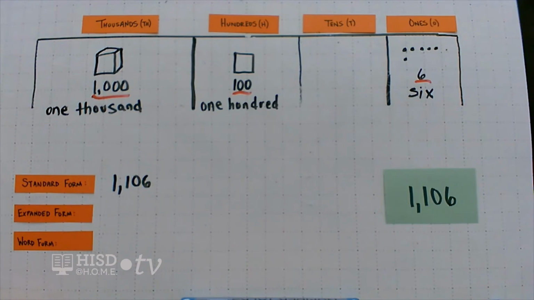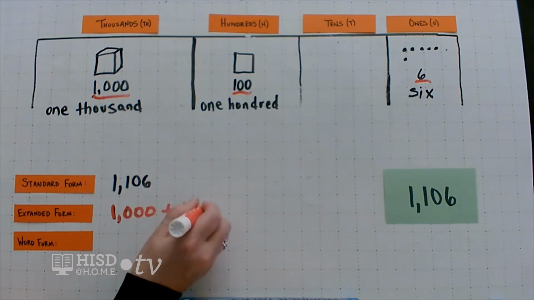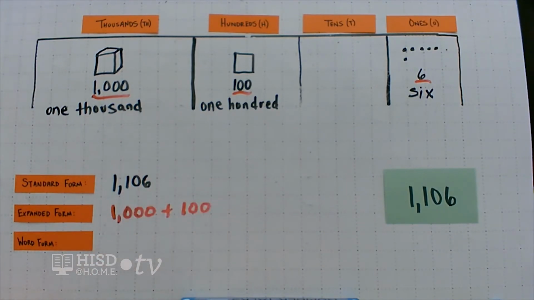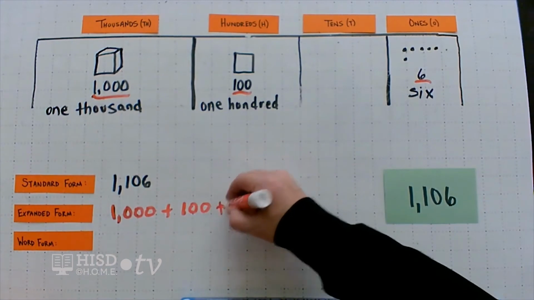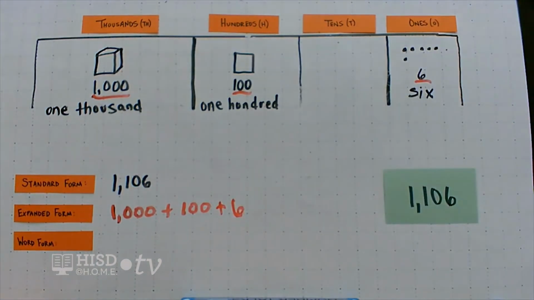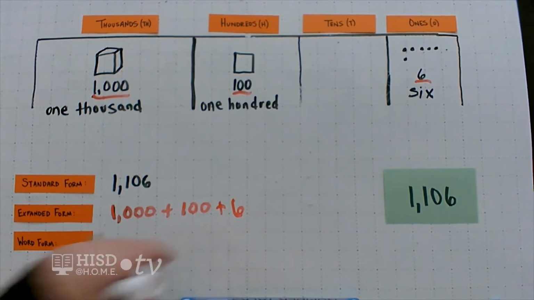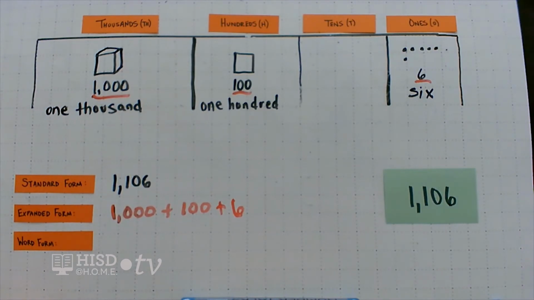So I have 1,000 plus 100, and remember I don't have any tens, so I don't have to put that there, and I have 6 ones. So if I join these quantities together, 1,000 plus 100 is 1,100, and 6 more is 1,106, which matches my standard form.